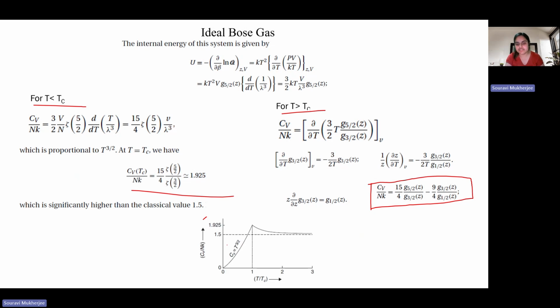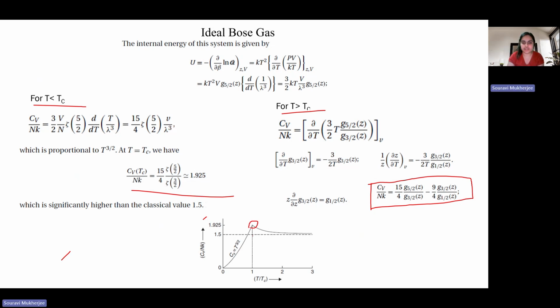So if you want to plot CV by NK versus T by TC, you would see that when T equals TC, that is at the critical point, your CV is higher than the classical limit.